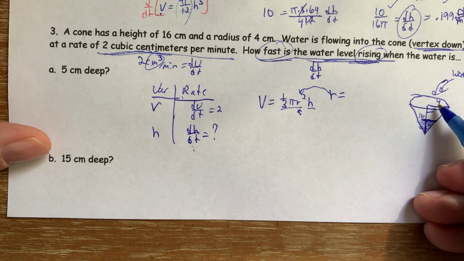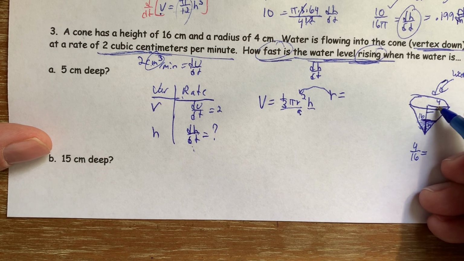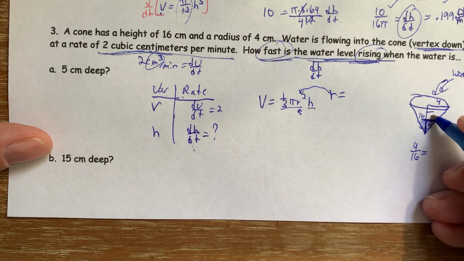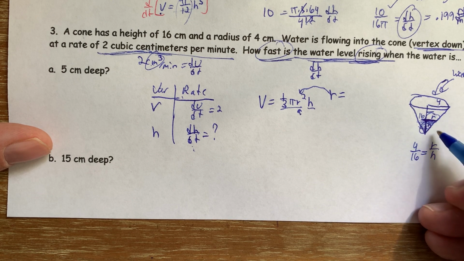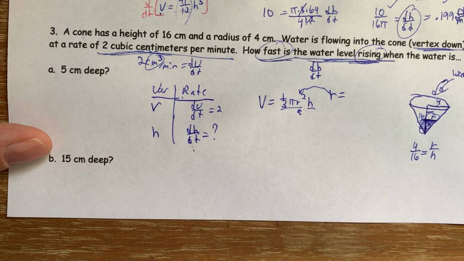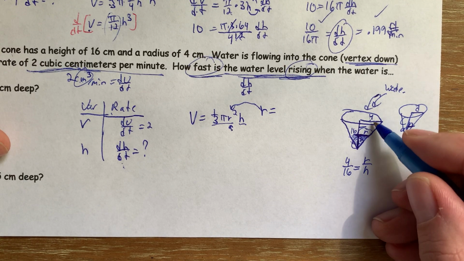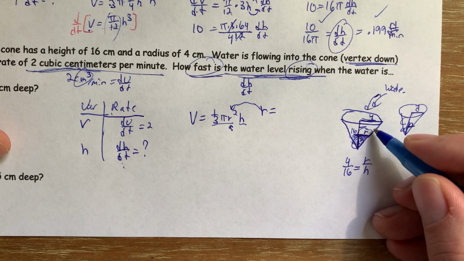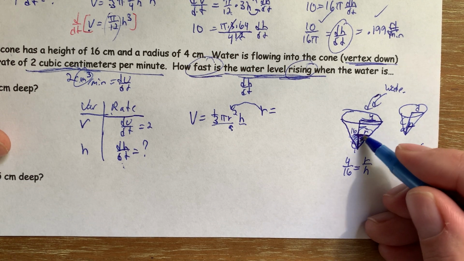And so, for instance, 4 over 16 is always equal to the radius over the height at any point. This ratio is always the same. These make similar triangles. Oh, you couldn't see that earlier, I'm sorry. The ratio of the radius to the height will be the same at any place.